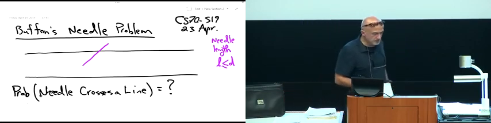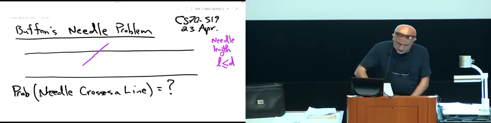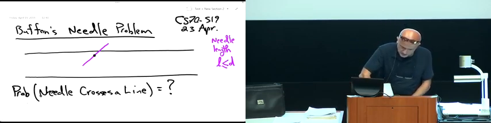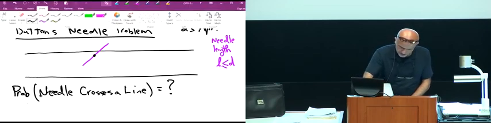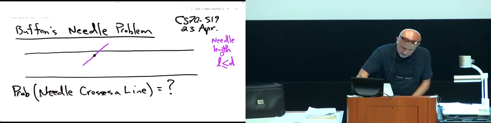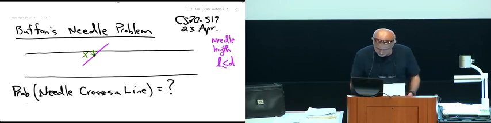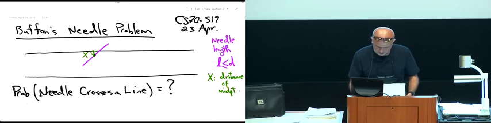So to set up the problem, I'm going to take the midpoint of the needle and I'm going to label its distance from the nearest line as x. So x is the distance of the midpoint of the needle to the nearest line.